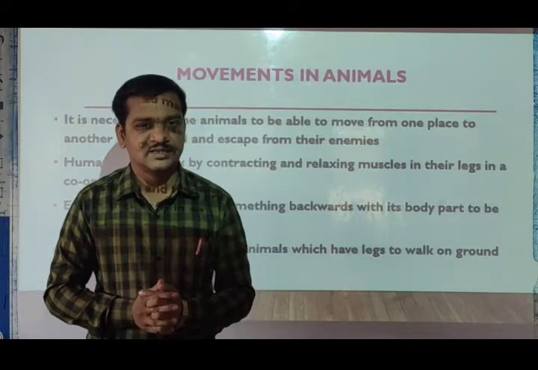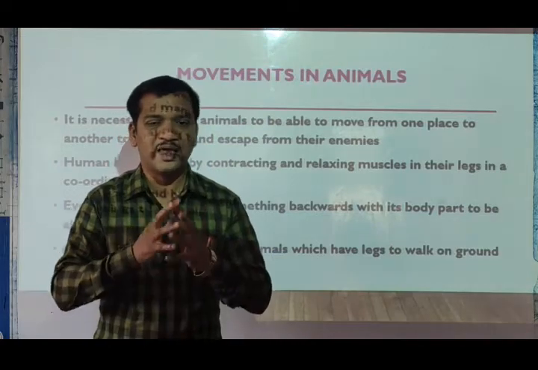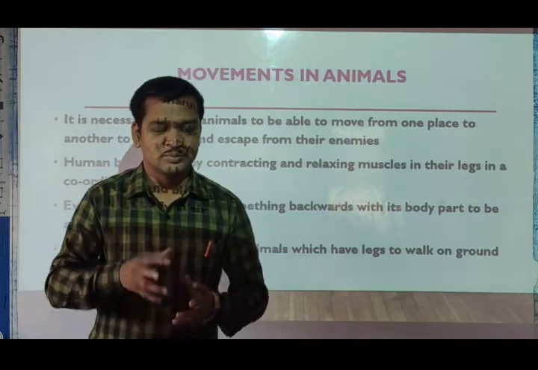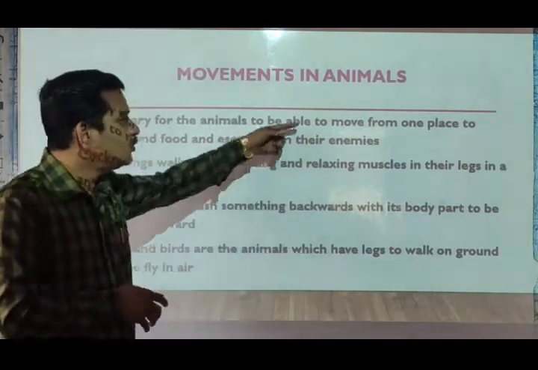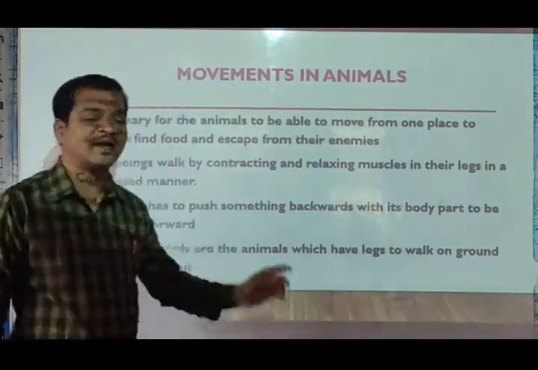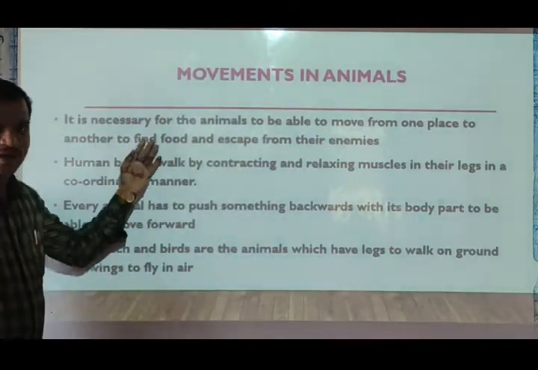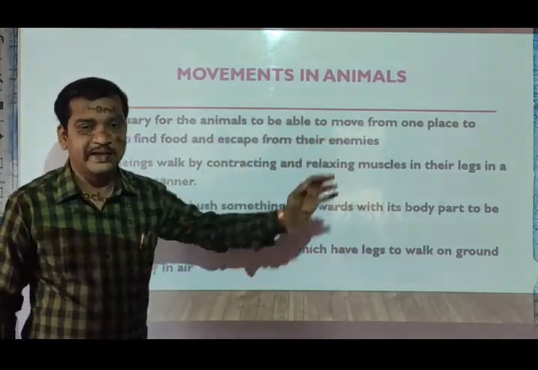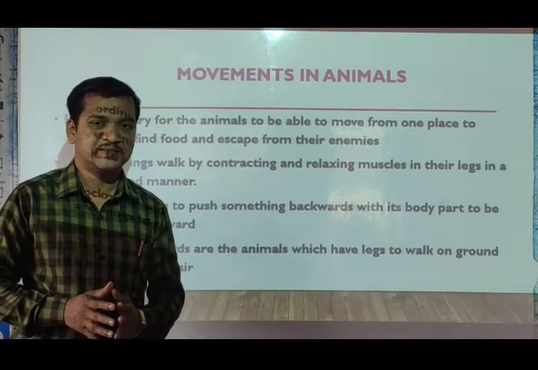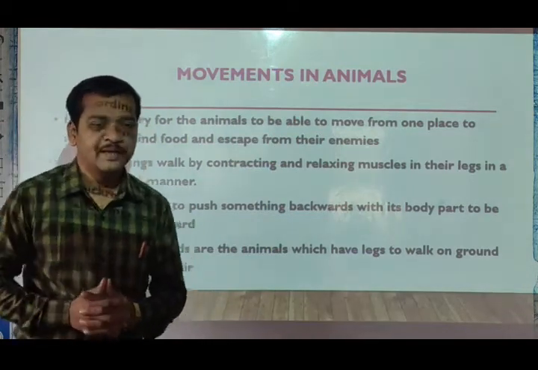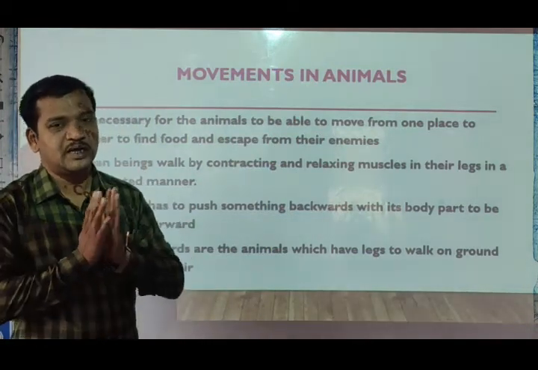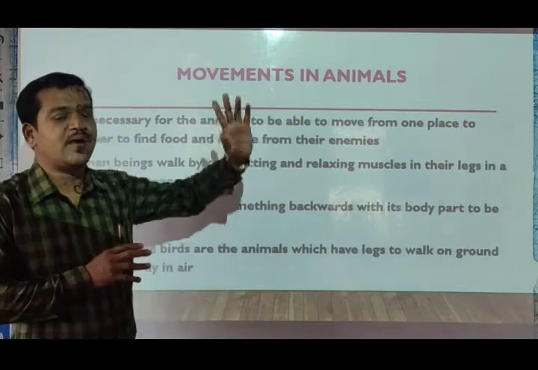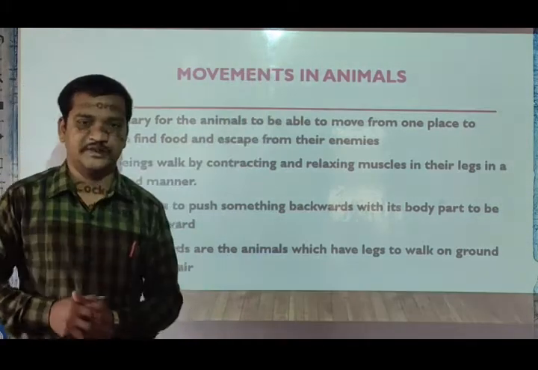So we can say it is necessary for all animals to be able to move from one place to another place to find food and escape from enemies. Escape means moving away from the enemies or to protect ourselves. That is why movements are necessary.